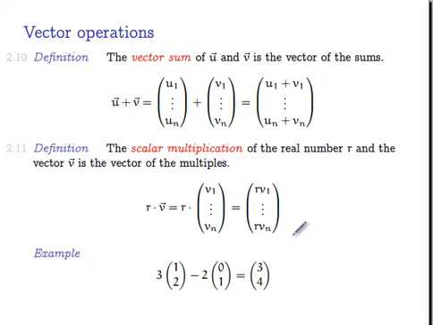If I have a vector that I represent by an arrow, and I want to scale it up, suppose my r was 2. Well, r would multiply each one of the entries of this vector by 2. Let's do that again.